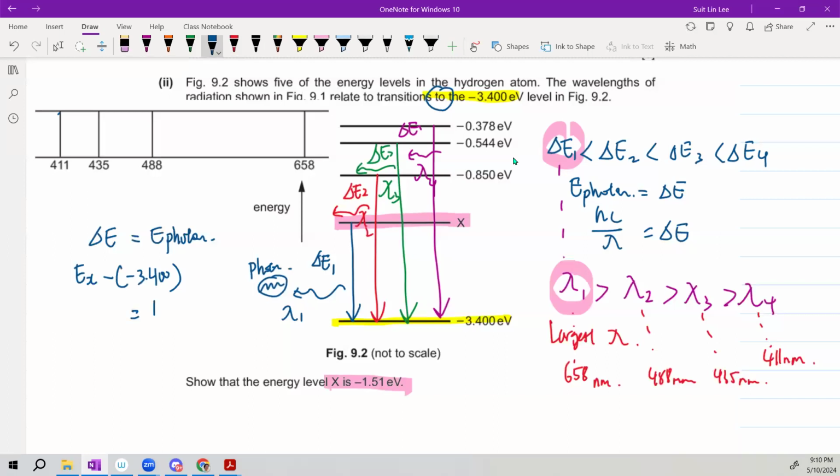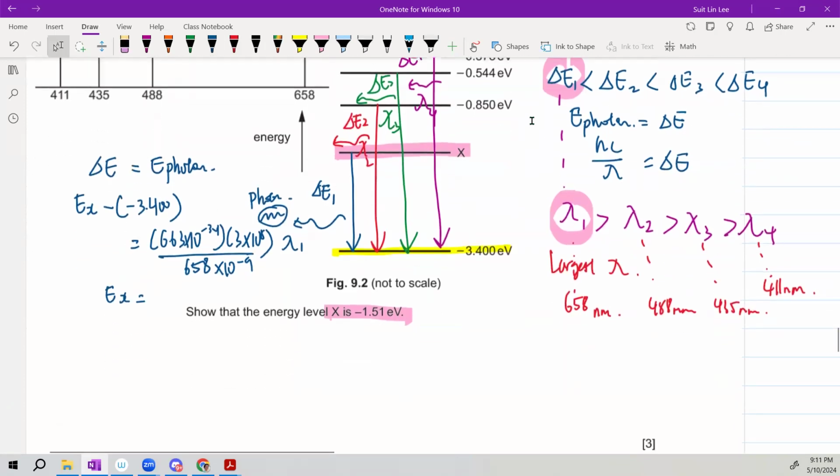I got no space, so I wrote down here: hc over lambda would be 6.63 times 10 to the power negative 34, times 3 times 10 to the power 8, divided by 658 nanometer. Is that okay, Amber? Then from here, you can calculate your EX. Don't forget to convert this to eV as well.